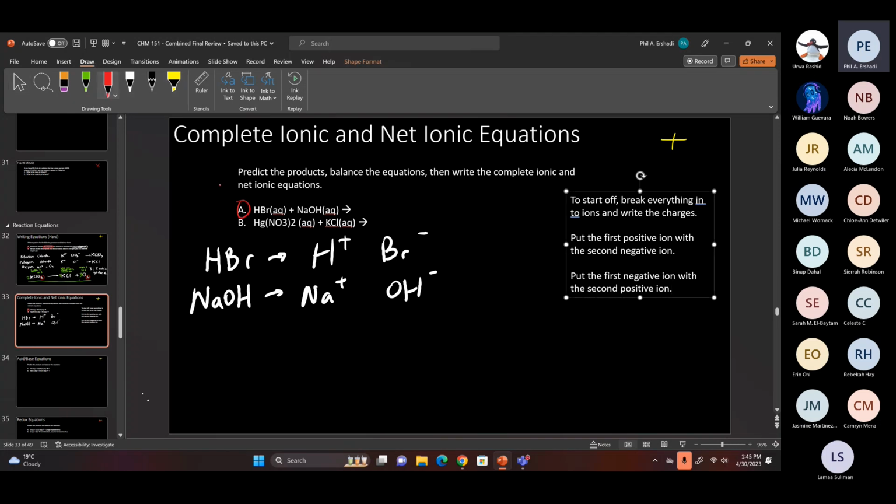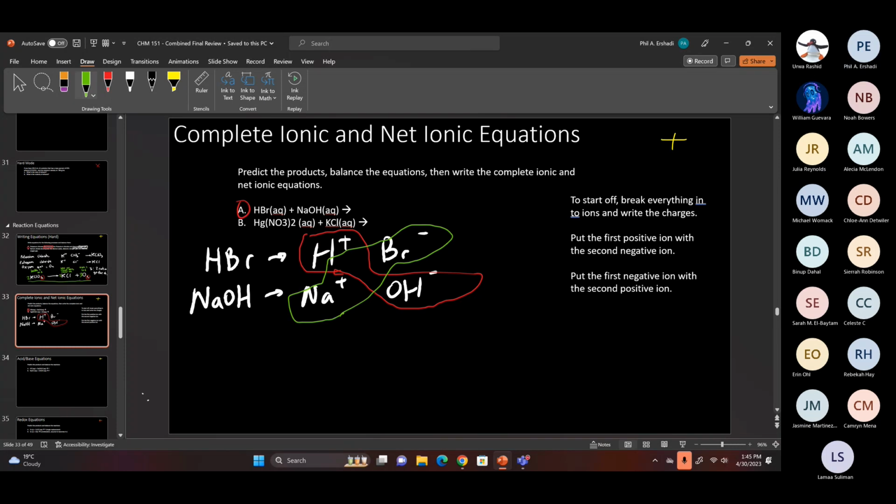That's going to go something like this, where you unite the H plus with the OH minus and figure out what that makes. And we're also going to unite Na with Br and figure out what that makes.